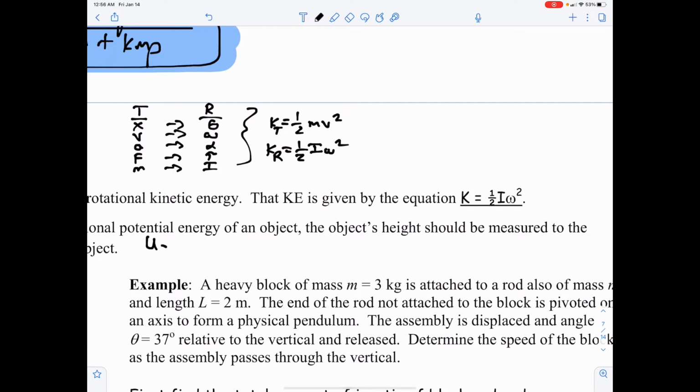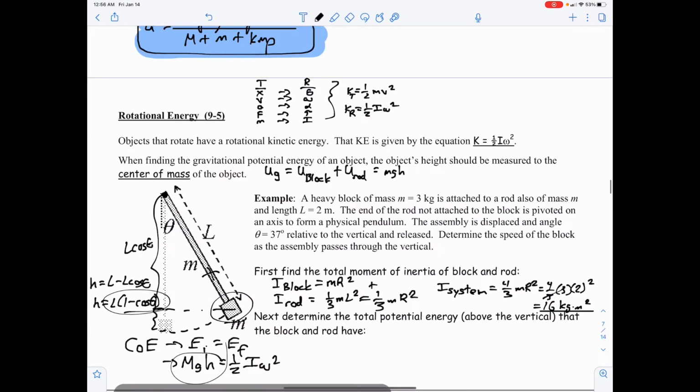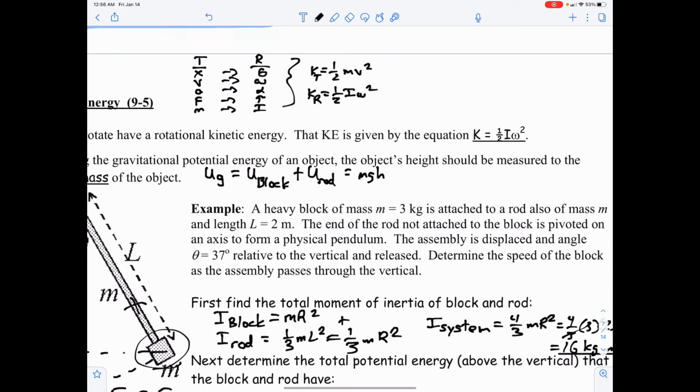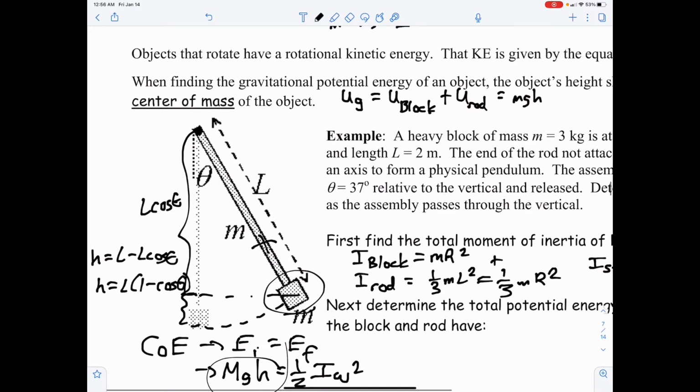The potential energy is going to be the potential energy of the block plus the potential energy of the rod. Now the potential energy of the block is going to be mgh, and we already told you h is L times the quantity 1 minus cosine theta. The rod, on the other hand, we're taking from the center of mass of the rod, and L over 2 is the halfway point.